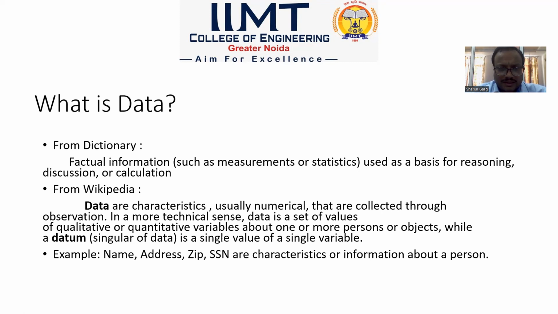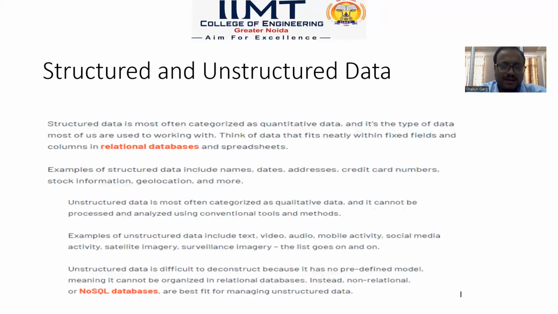In a more technical sense, data is a set of values of qualitative or quantitative variables about one or more persons or objects, while a datum, singular of data, is a single value of a single variable. Example: name, address, SSN, social security number are characteristics or information about a person.